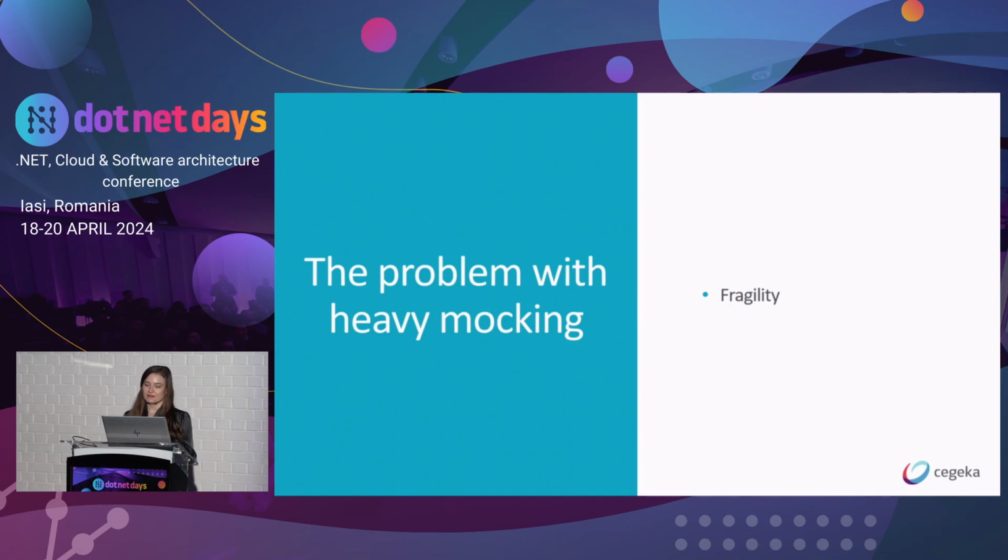Mock-based tests are rigid. They specify the exact sequence of operations and interactions. They dictate that a certain method must be called twice before another method is called another time with a specific set of parameters.